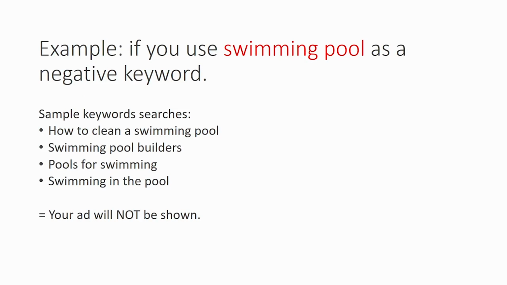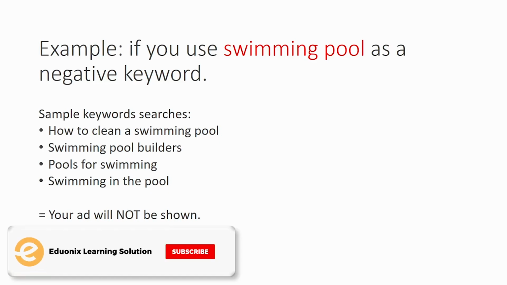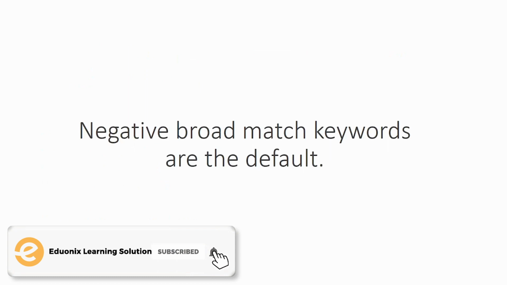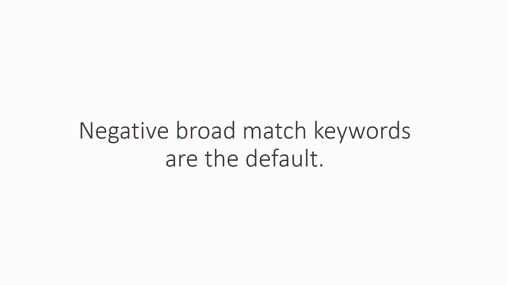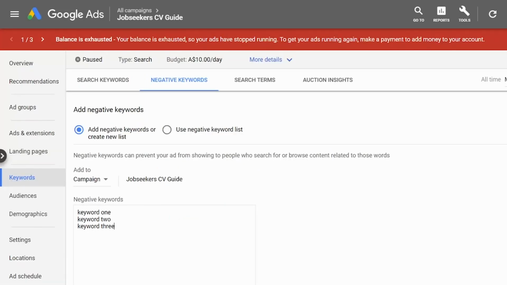So a person could type in how to clean a swimming pool builders, pools for swimming, and swimming in the pool. In each of these searches, your ad will not be shown. Because generally speaking, the above searches contain your keyword, which is swimming pool. Negative broad match keywords are the default. Just type your keywords as they are and they will be added automatically as negative broad match type.